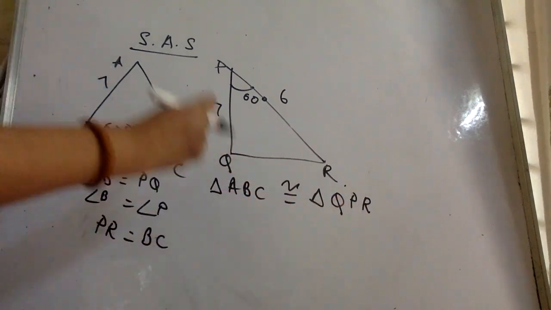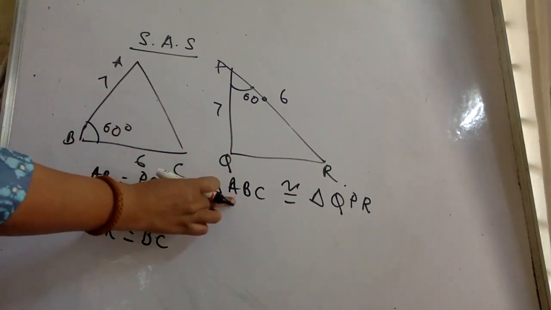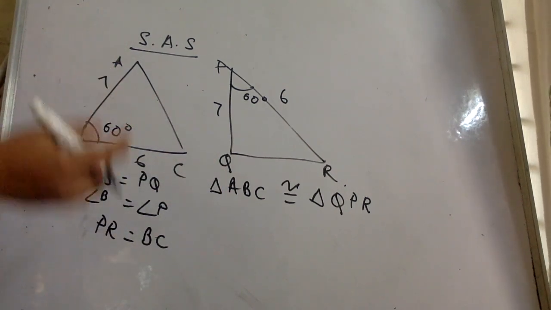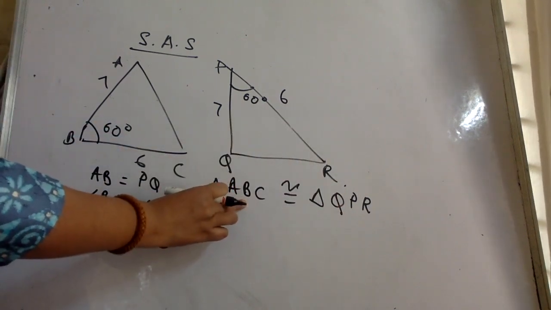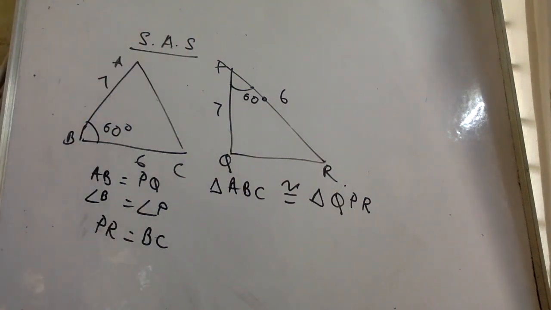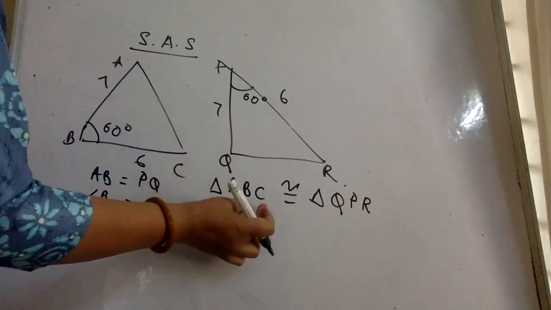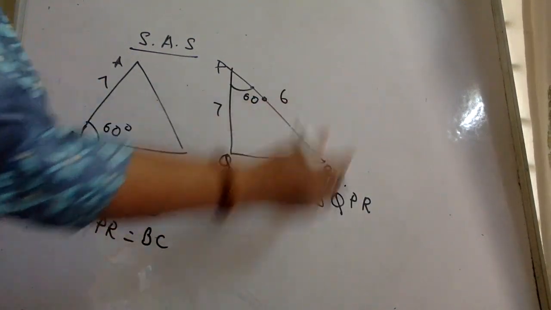If you write it correctly, you will see that you have actually managed all the congruent sides. Now if they ask which are the corresponding parts, angle A is equal to angle Q, angle B is equal to angle P, and angle C is equal to angle R. Similarly sides also, AB is equal to QP, BC is equal to PR, and AC is equal to QR.